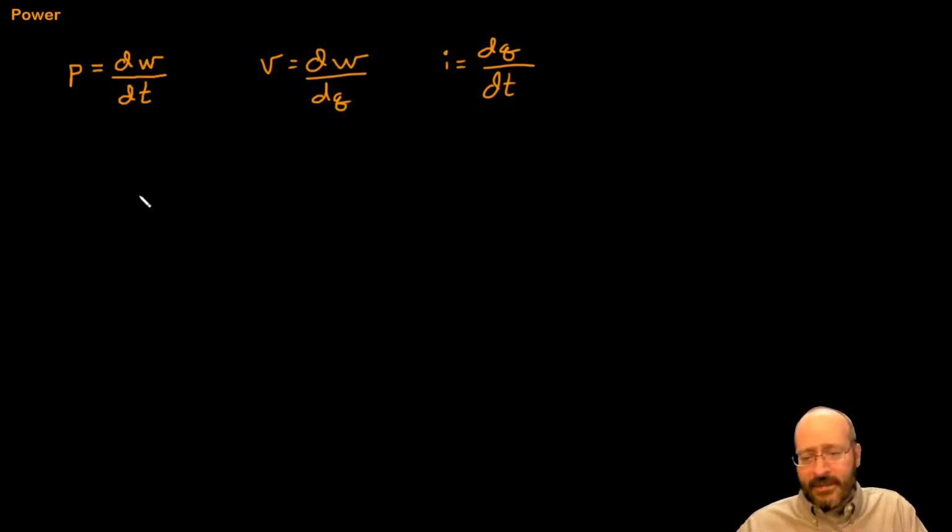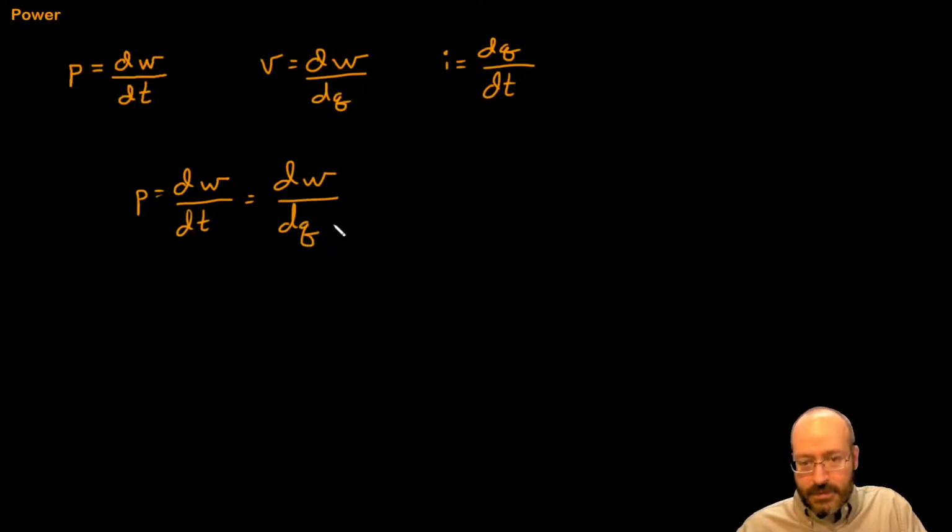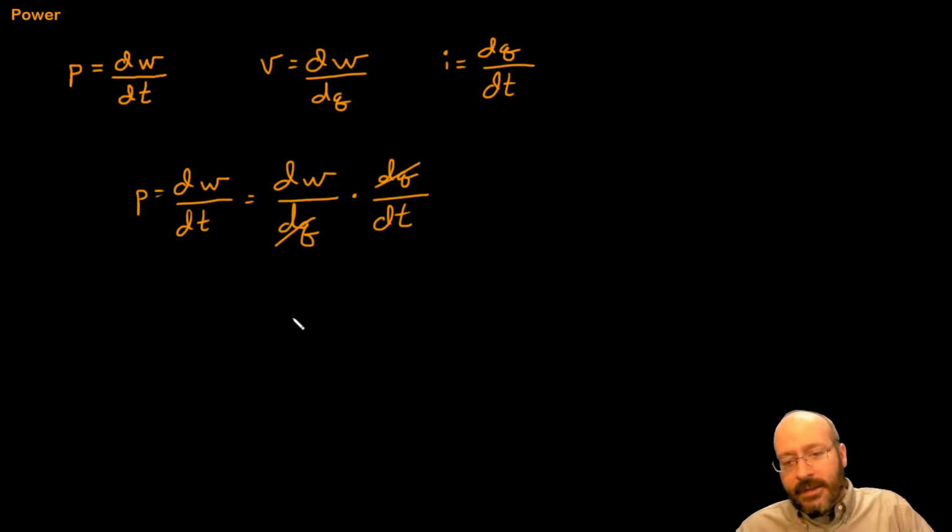So if we put all of that together and we say P equals our work done in a period of time, and we can get that back out by taking our voltage and multiplying it by the current. And the amount of charge ends up not mattering. It drops out of the equation, and we're left with the amount of work over the amount of time. So we can correctly say that power is simply voltage times current.